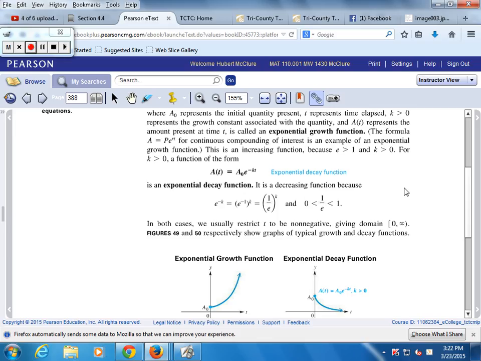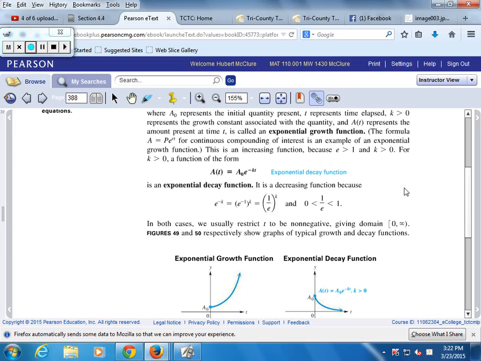Well, science majors see exponential growth and exponential decay all the time in all of their courses, because especially with decay, they're figuring out how long something will last when it rusts, and so on.